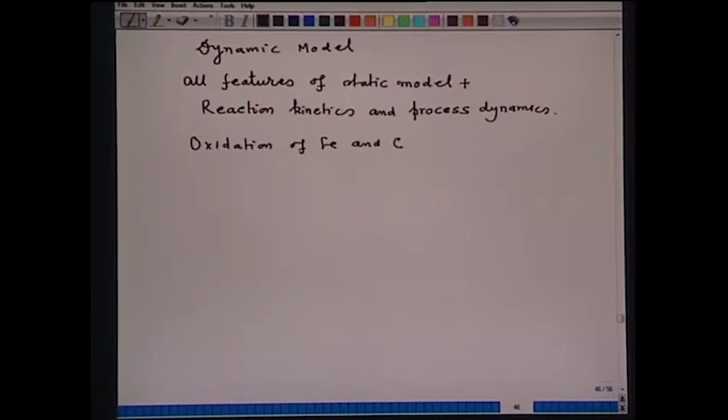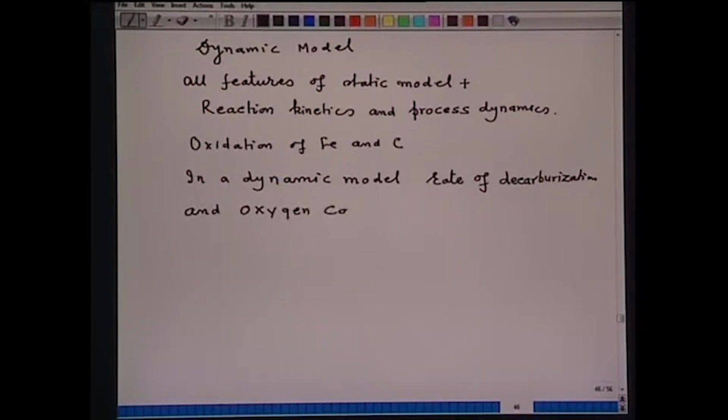In a dynamic model, rate of decarburization and oxygen consumption are determined by exit gas analysis.